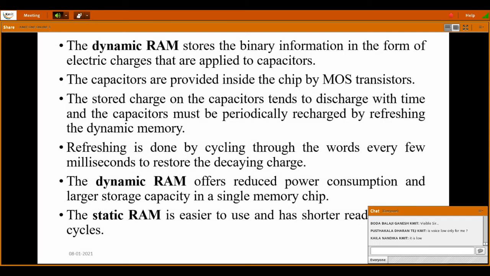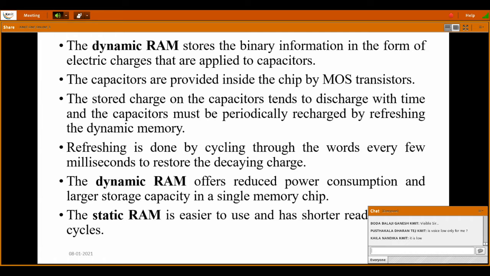Here we can also discuss what the dynamic RAM is. The dynamic RAM stores the binary information in the form of electronic charges that are applied to capacitors. The capacitors are provided inside the chip by MOS transistors. The stored charge on the capacitor tends to discharge with time, so the capacitor must be periodically recharged by refreshing the dynamic memory.